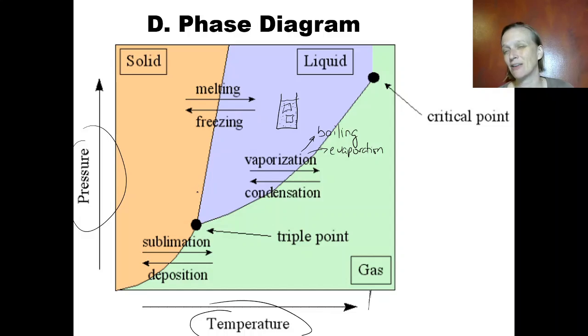If you are exactly at freezing, 0 degrees Celsius at standard pressure, then that ice and that water can coexist together indefinitely. You can have ice and water coexisting at the same time so long as you're exactly on this melting freezing line. Okay. But at the triple point, you have all three. You can have solid and liquid and gas coexisting together in equilibrium at that specific temperature and that specific pressure.